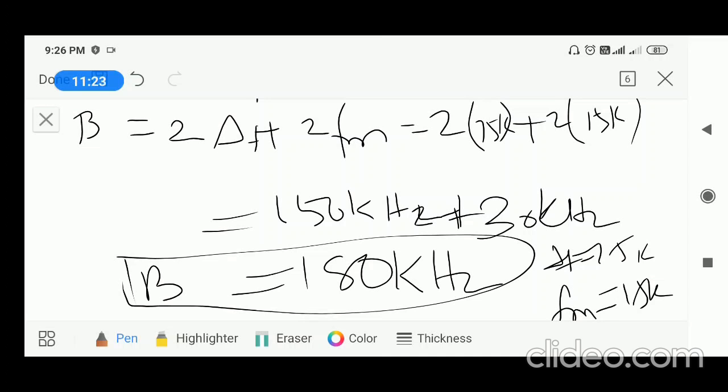This is the standard. Hence the entire bandwidth of the FM signal is 180 plus 20, that will be 200 kHz.